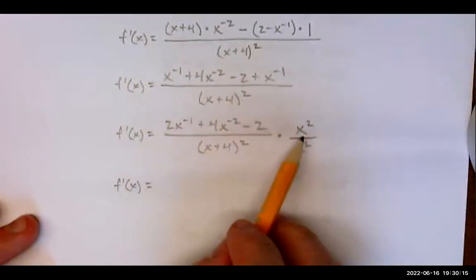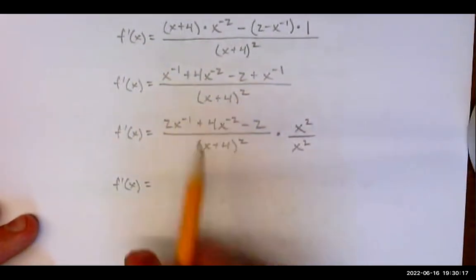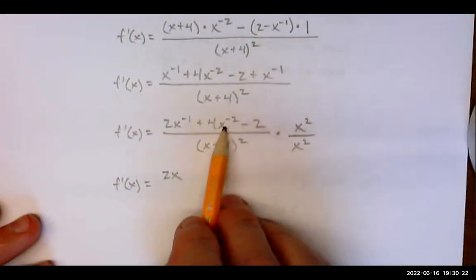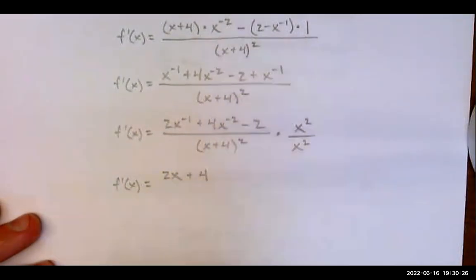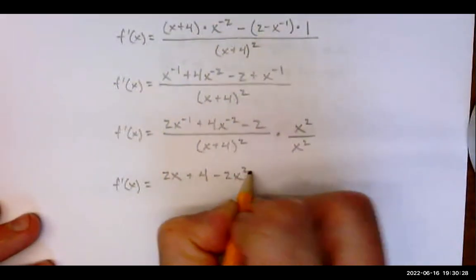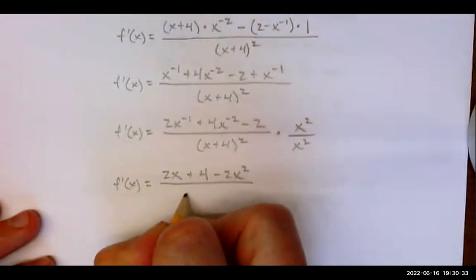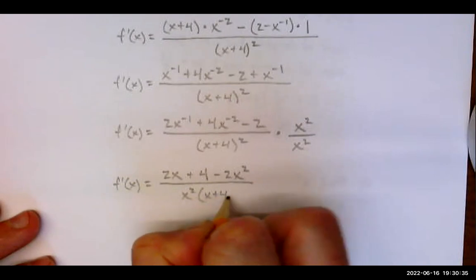Let's see how this works. x squared times this, we'd add exponents and get 2x. Here, x squared times x to the negative 2, those would cancel out, and we just have plus 4 and minus 2x squared. Then in the bottom, we're just going to think of these multiplying like that.